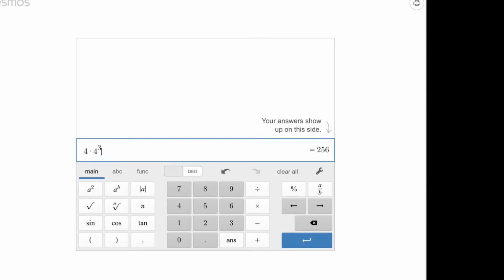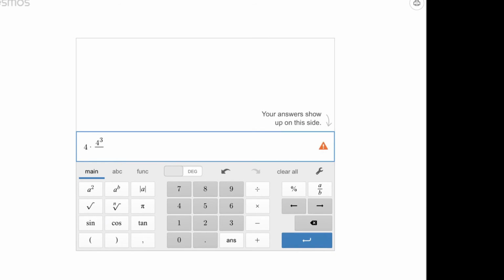If I divide all this by 3, I get 85.333333333, and so on and so forth. I wouldn't be able to find the exact value of that number. So that's why I don't want to divide it. I want to keep it as a fraction. So I don't want to divide out that 3.